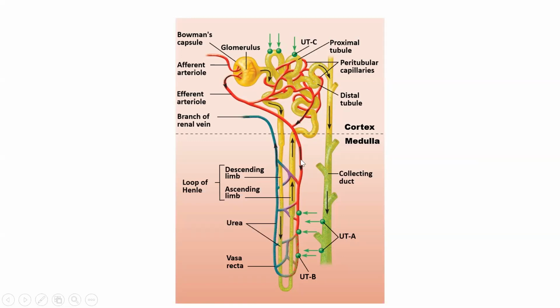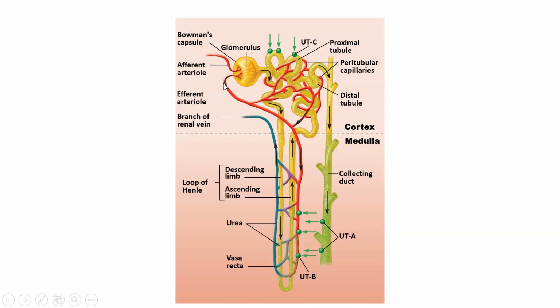And I want to point out here, because this is often a point of confusion, that the loop of Henle, which is the tubular structure, goes from the proximal convoluted tubule, and the direction of flow is going in this direction towards the distal convoluted tubule. But the vasa recta is kind of flip-flopped. So the vasa recta has a direction of flow that is opposite to the flow of the tubular fluid that's happening in the lumen of the tubular structures.